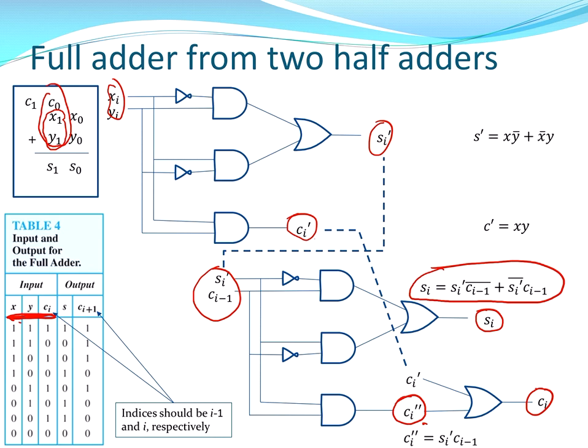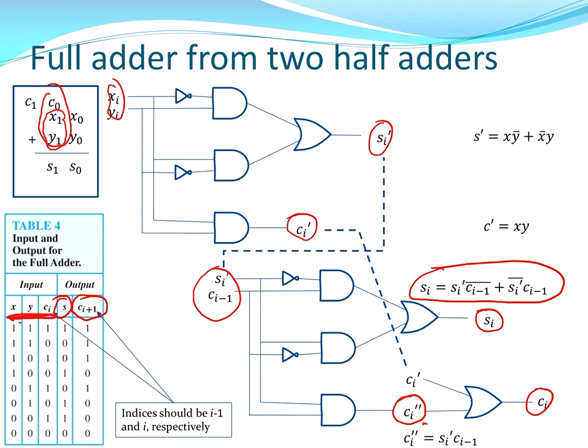All right, so now the other thing we could do is look at the multiple outputs here. We have S as an output and C sub i as an output, not sub i plus 1. And use sum of products to write down these expressions.